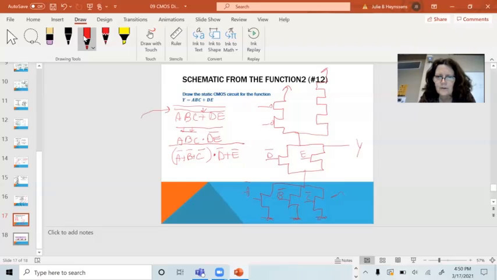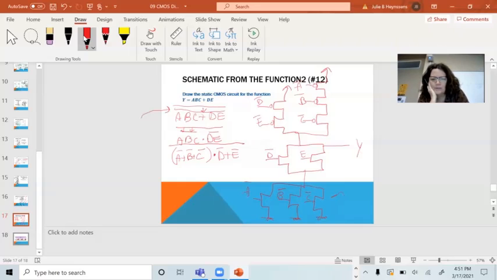What happened to all the math? So this will be D bar, E bar, and the position of D bar and E bar could be switched. It's not going to change the function. There's not exactly one right way to draw these. When I'm grading your papers, I just look at the function and see what it is. I figure out what your function is and see if it matches what I asked for.